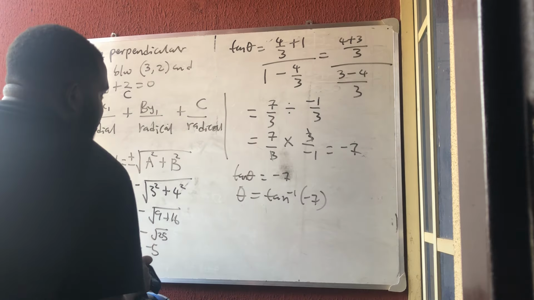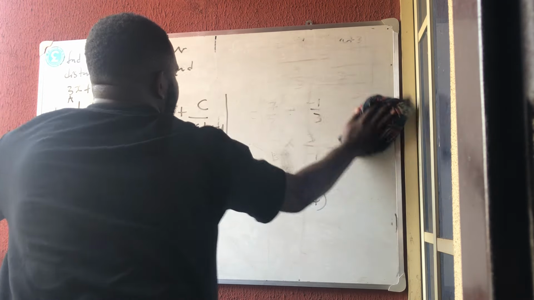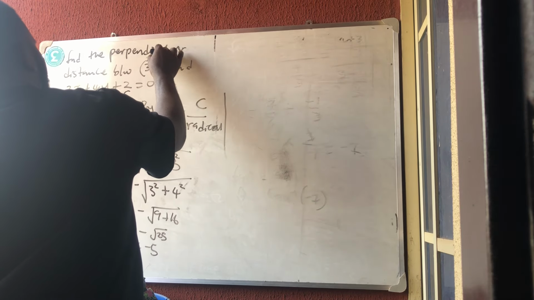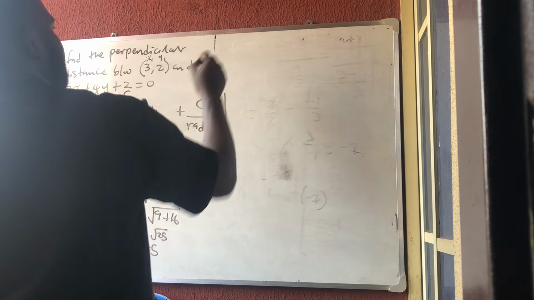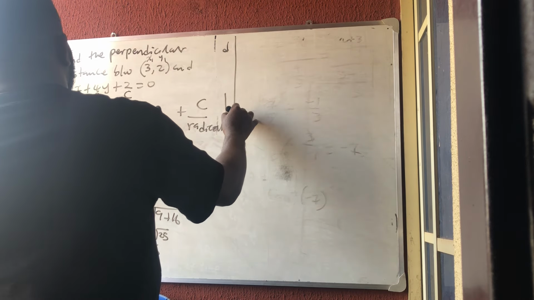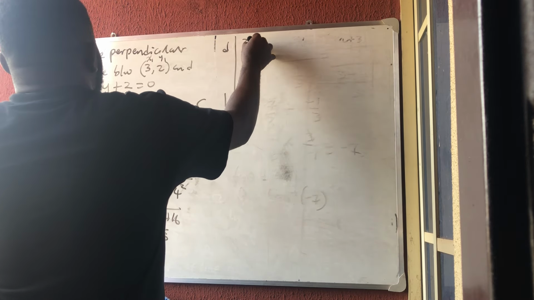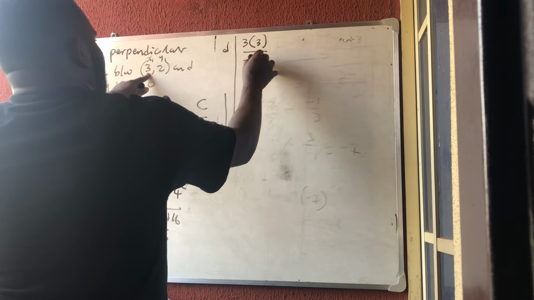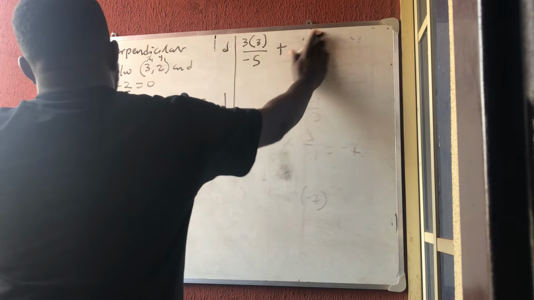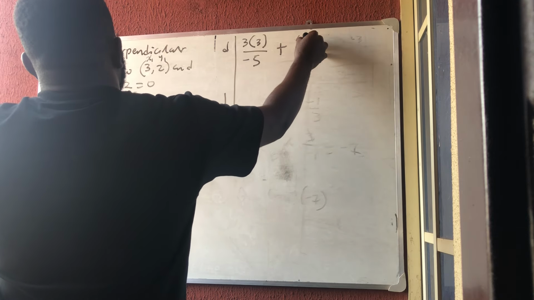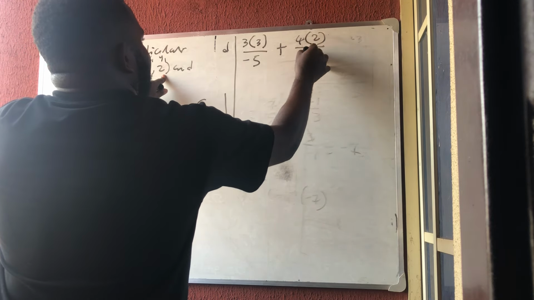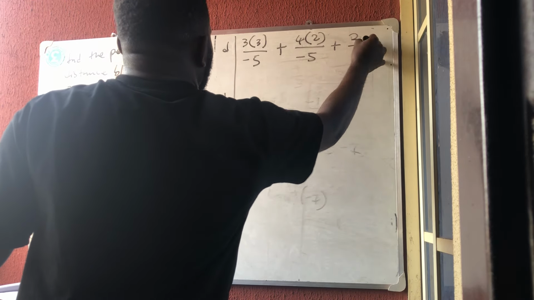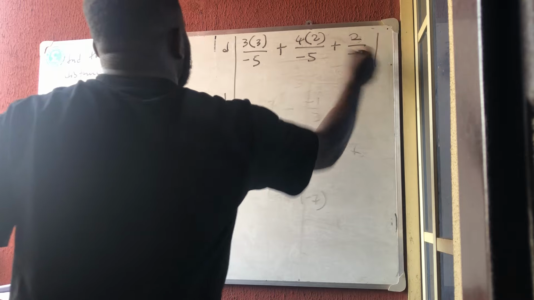Since I've gotten minus 5 as my radical, I can now get my perpendicular distance. This is your x1, y1. So my perpendicular distance becomes the absolute value of a, which is 3, times 3, over my radical minus 5, plus my b, which is 4, times 2, over the same minus 5, plus what is my c? 2 over the same minus 5, absolute value.